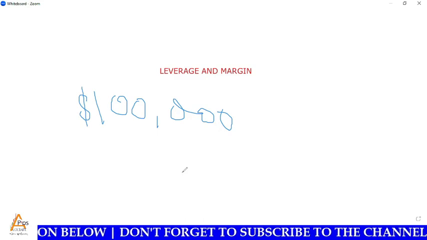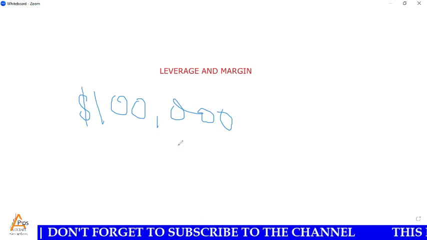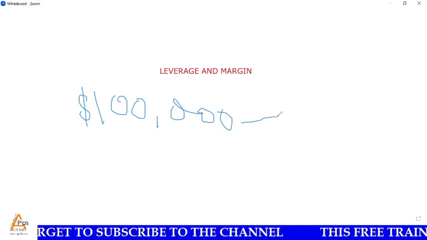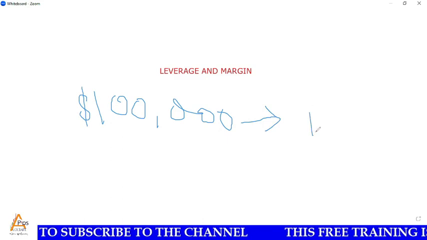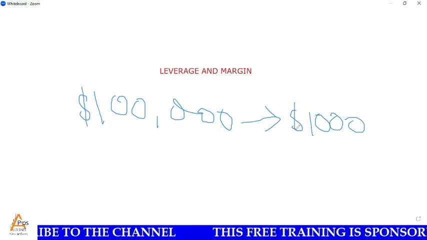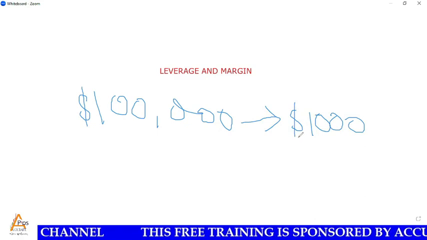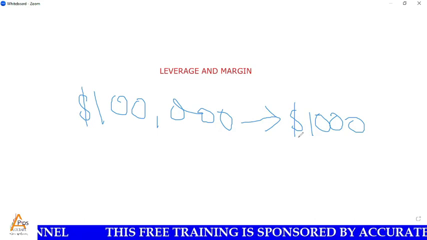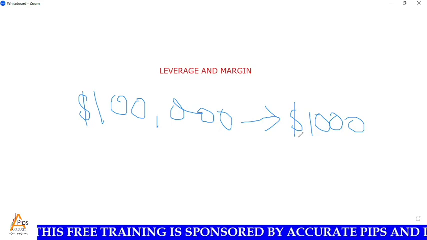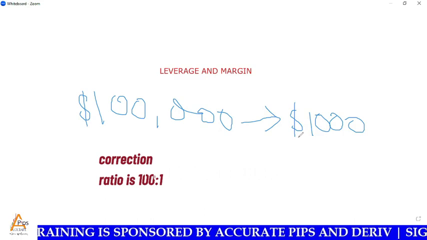The broker you are using will set aside $1,000 from your trading account once you want to control this amount of position. In this case, your leverage ratio is 1000:1. So 1000 is to 1.